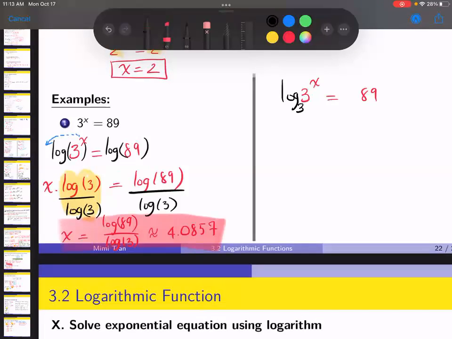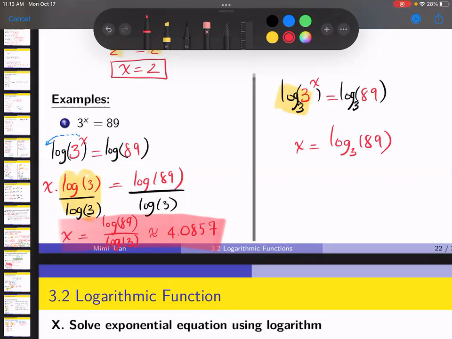So if you apply log base 3 to the left, you do the same thing to the right. Done. x equals log base 3 of 89. And it's the same answer. You just write it differently. Do you remember the change of base?